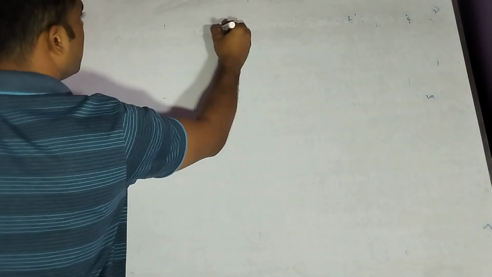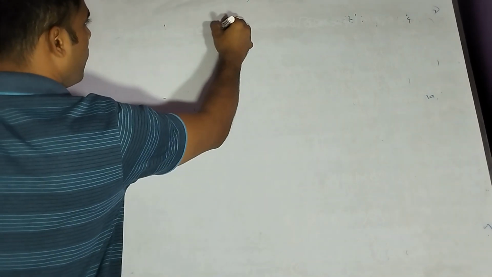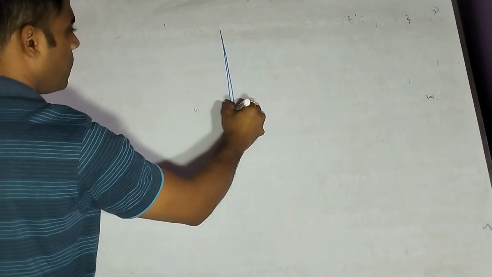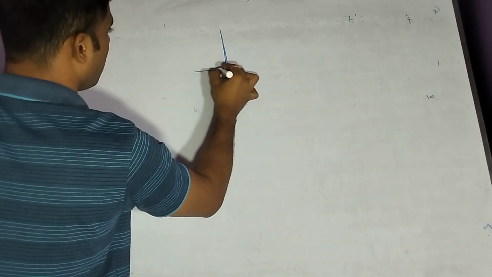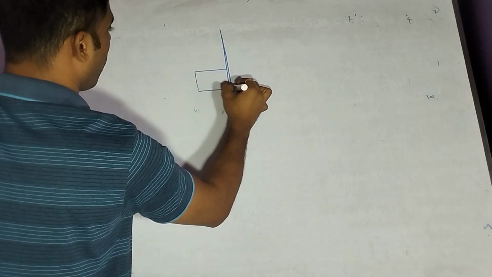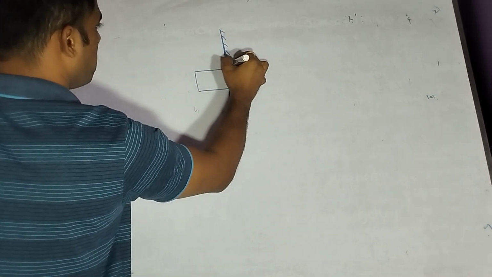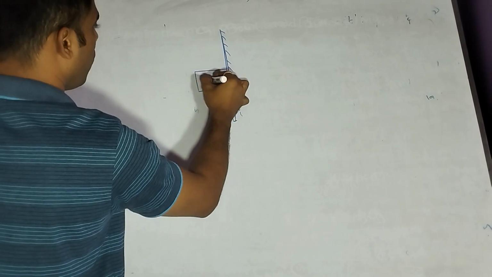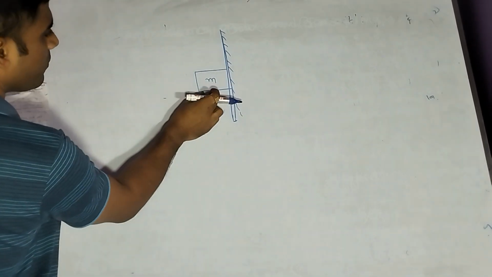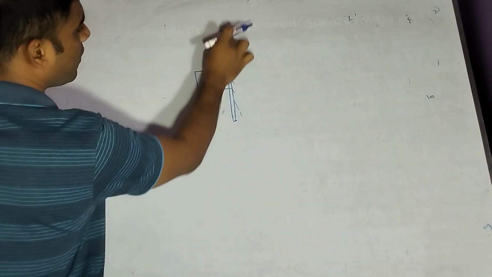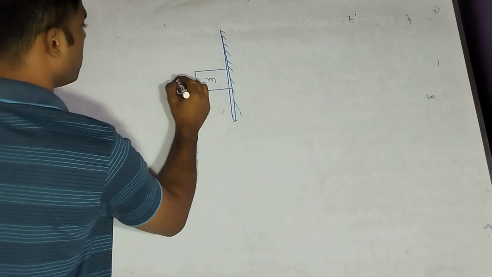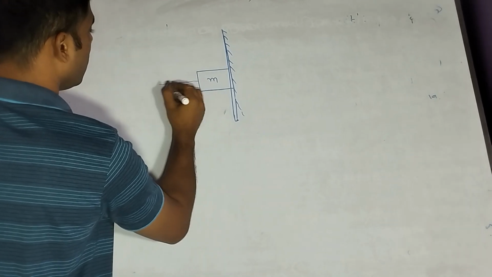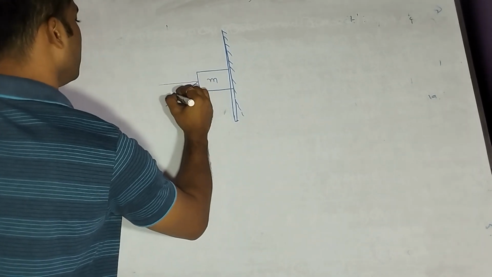Block and wall. What is the block and wall? This is the wall, and one block is placed. This is the block of mass m, kept on the vertical wall. Then one force F is applied in this direction.